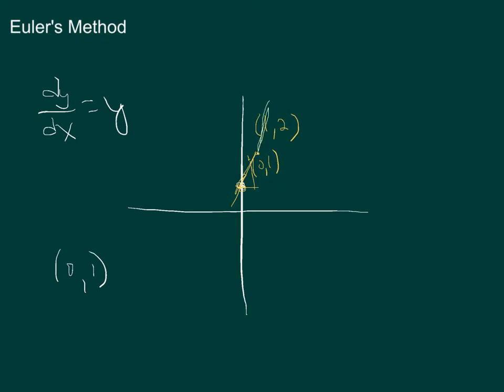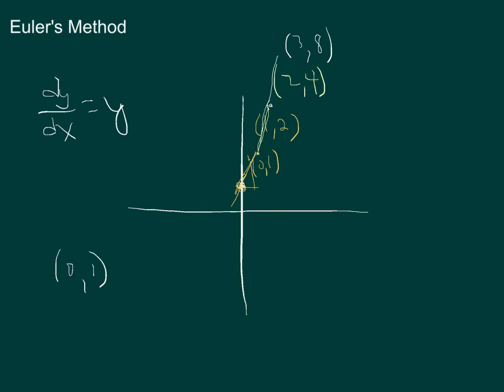If I went over 1 and up 2, that would then put me at the point (2, 4). And I could continue this process. At (2, 4), the slope would be 4. So imagine a line leaving here with a slope of 4. That would put me at the point (3, 8). So an approximation for f(3) would be 8 according to this, with a step size of 1.